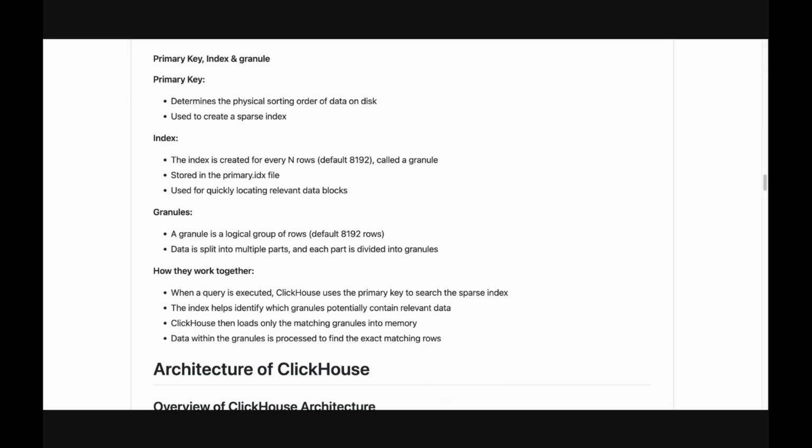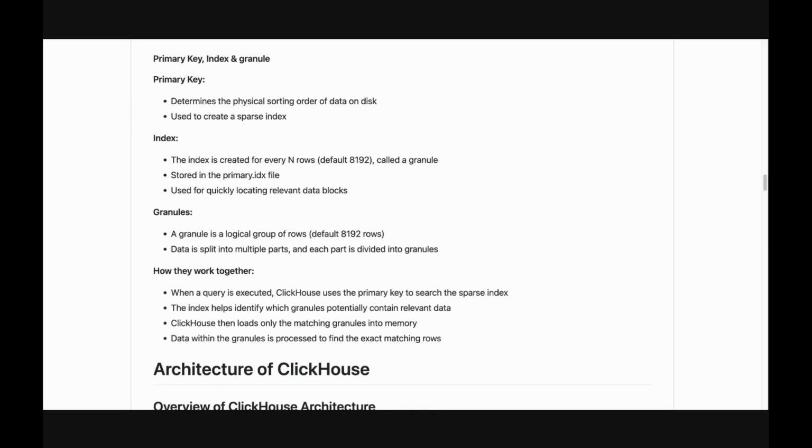Once you have data that fits the 8,192 rows, that is one granule, right? And then let's say you have 10 million records, then in order to find the number of granules, you would do 10 million divided by 8,192, and that gives you the number of granules in your Clickhouse database.